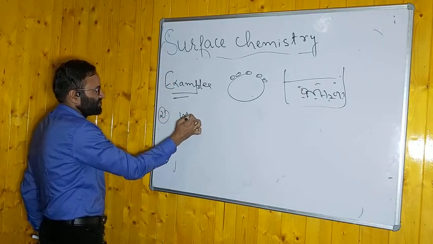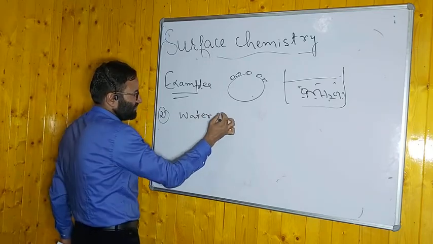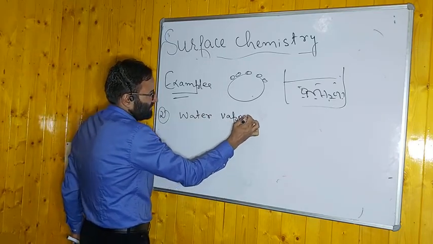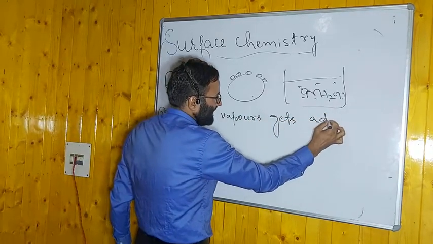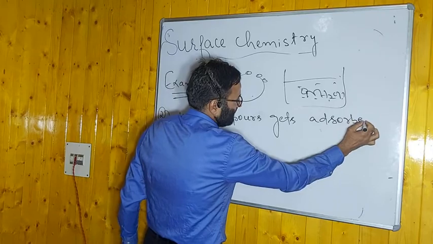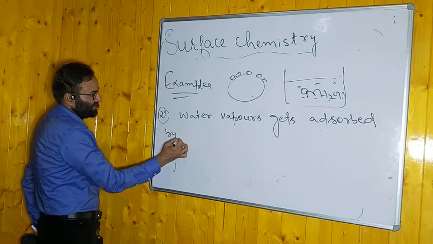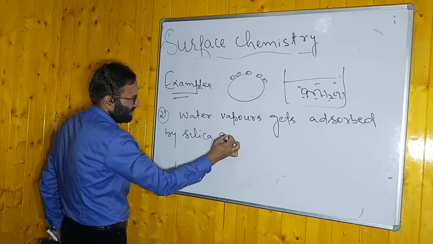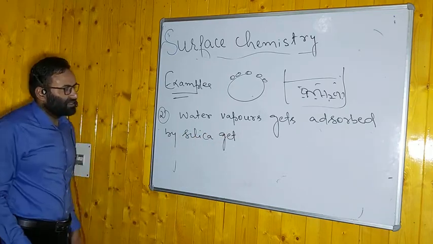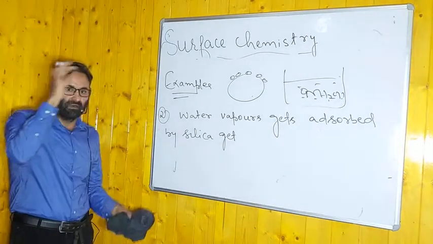Water vapors. If you have water vapors in the room, water vapors get adsorbed by silica gel. Silica gel is an adsorbent. It means that if you have silica gel in the room, water vapors will be adsorbed, will remain on the surface.